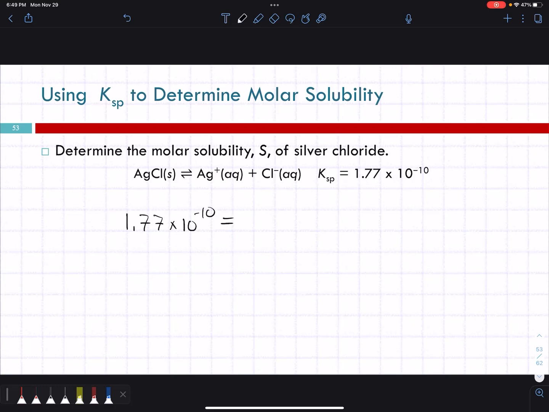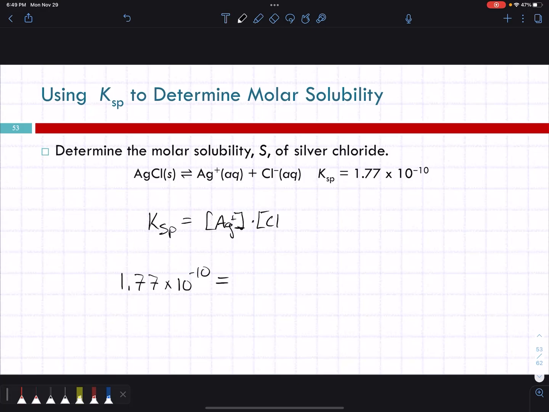So our Ksp equation, Ksp is equal to the concentration of the silver times the concentration of Cl minus. So if our Ksp is 1.77 times 10 to the negative 10, think about it like this.